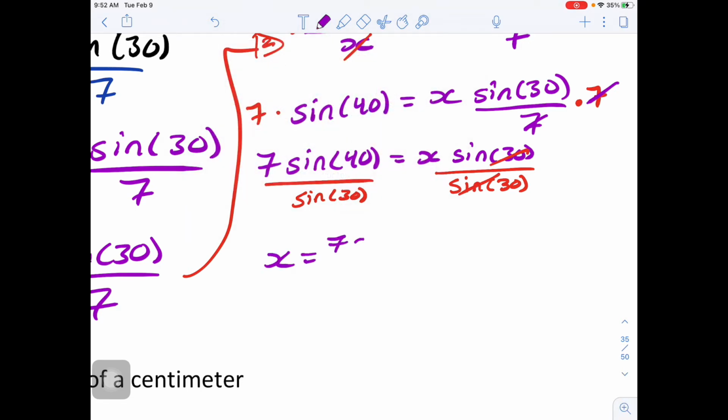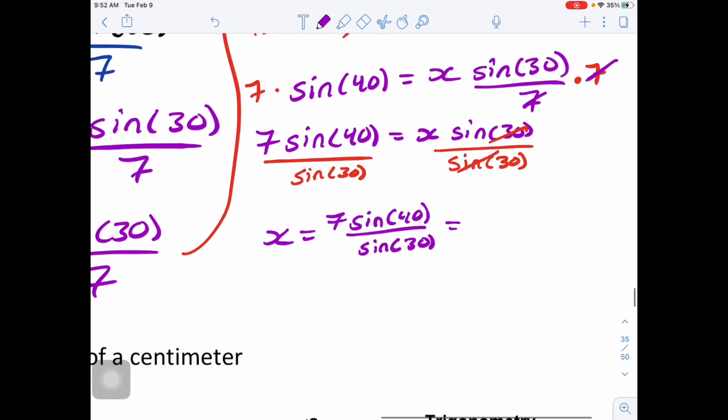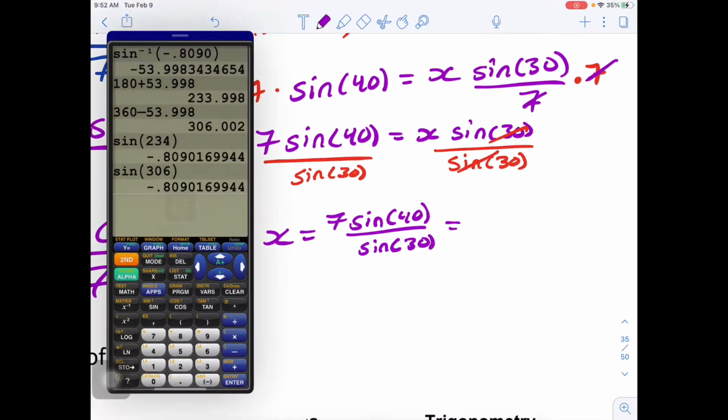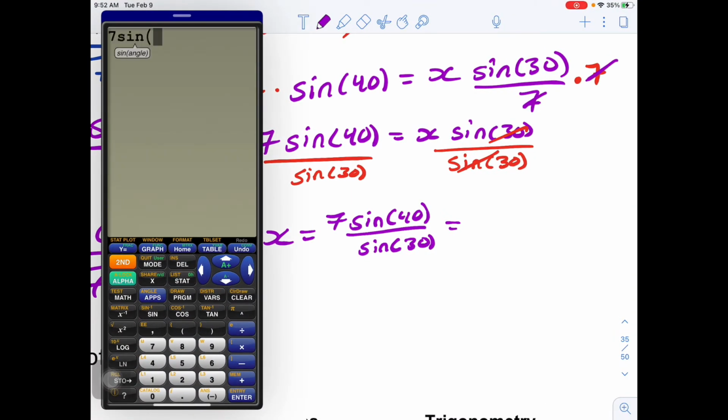So x equals 7 times sine 40 over sine 30. Let's check what that becomes. 7 times sine 40 divided by sine 30 gives me 8.999.